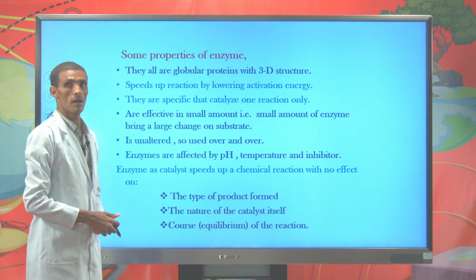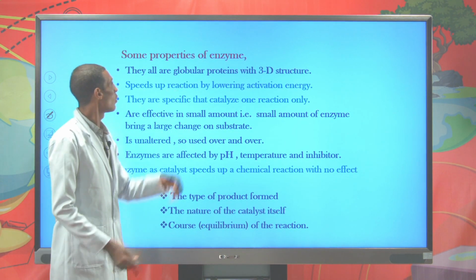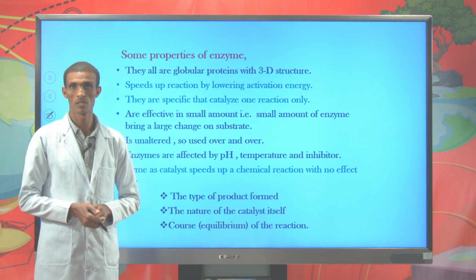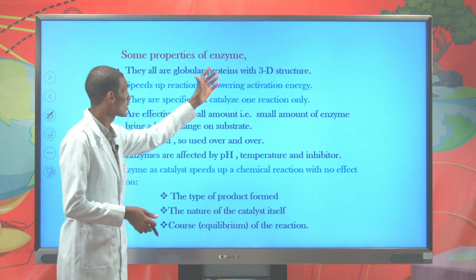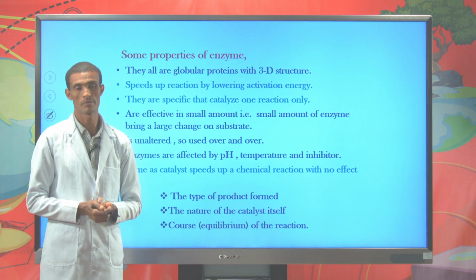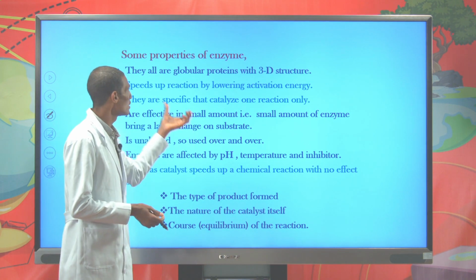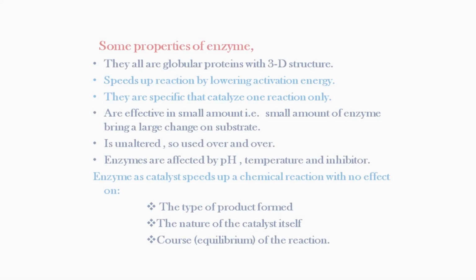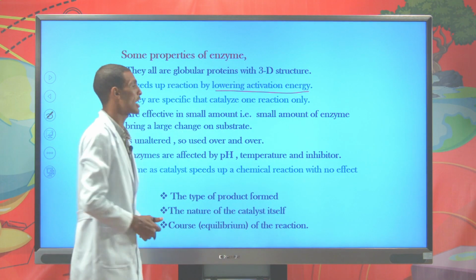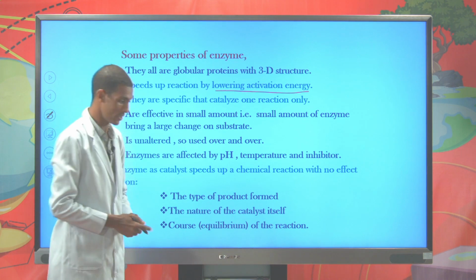Well, enzymes, as organic molecules, have many properties. One is that they are globular proteins with a three-dimensional conformation. And when an enzyme binds with a certain substrate, it lowers the minimum energy required to start a chemical reaction, the activation energy.